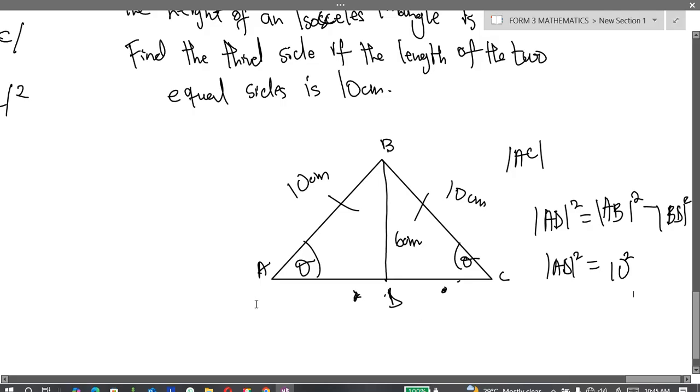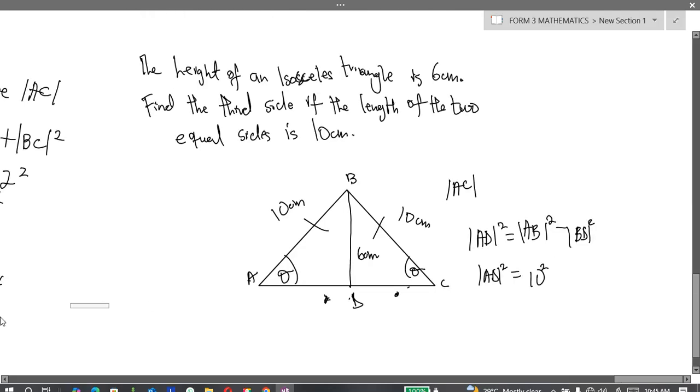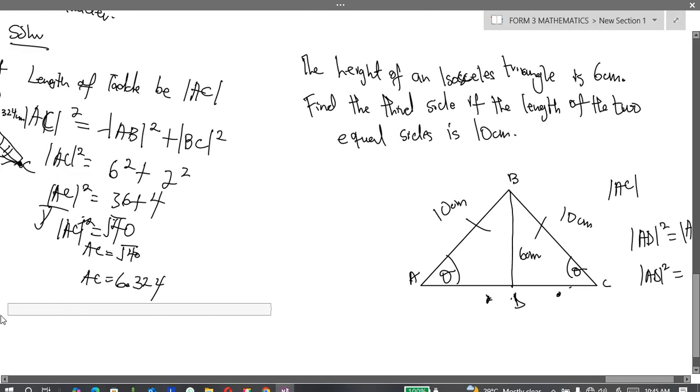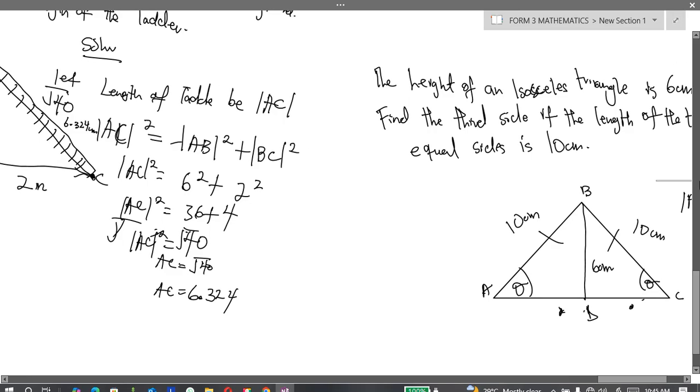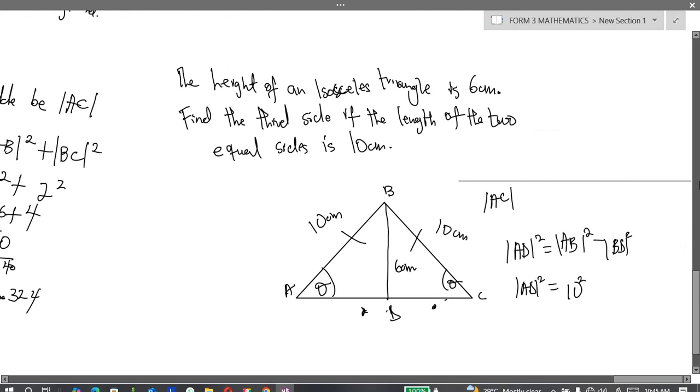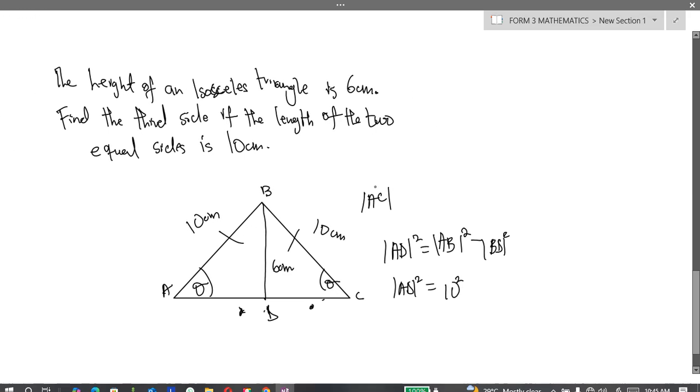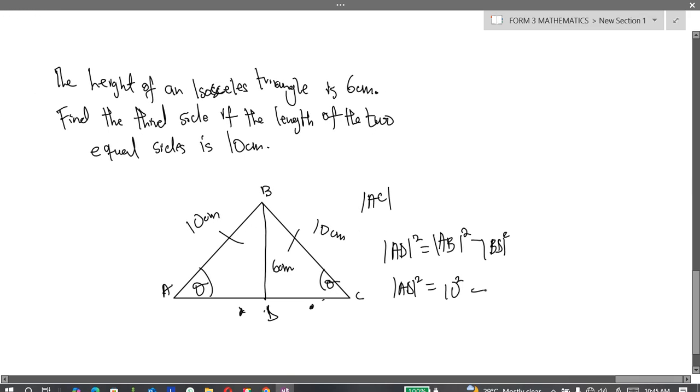Okay, let me check. This side is 6 squared, yes. So AD squared equals 10 squared minus BD squared, and BD is 6 squared. So we get 100 minus 36.